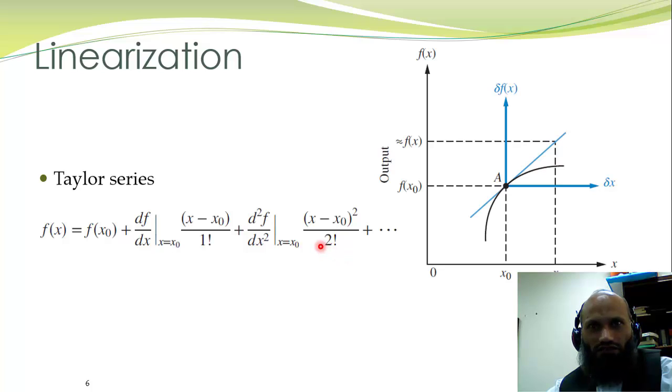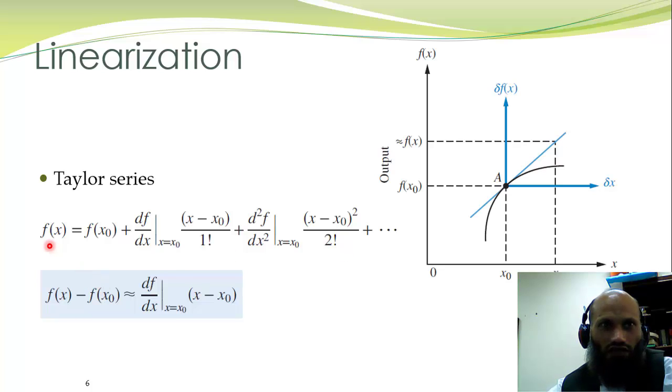We see in this expression that if we are near this operating point, then x minus x naught will be small and its square will be still smaller. The cubic terms will be further smaller, so we can just omit these small terms, and therefore f of x minus f of x naught, this brought to the left hand side, is approximately equal to this term, that is, the higher order terms are omitted.